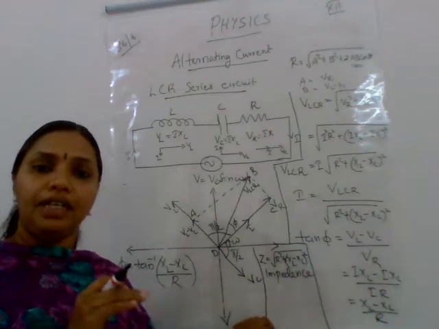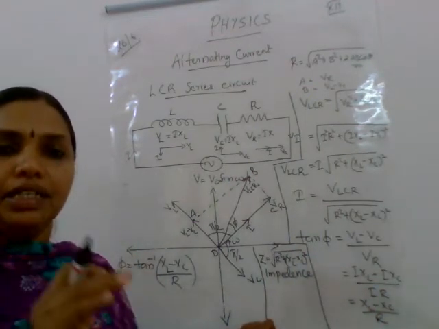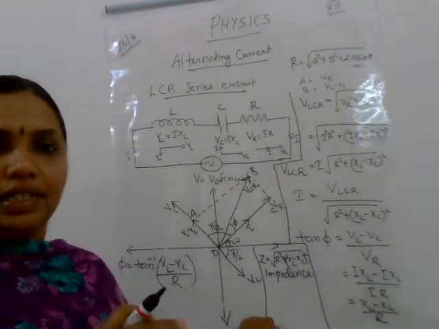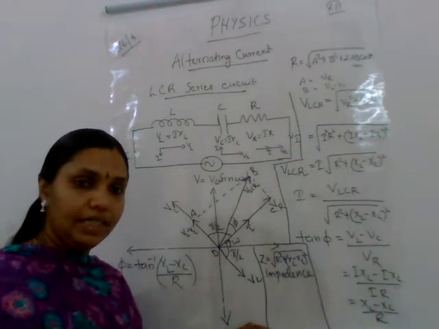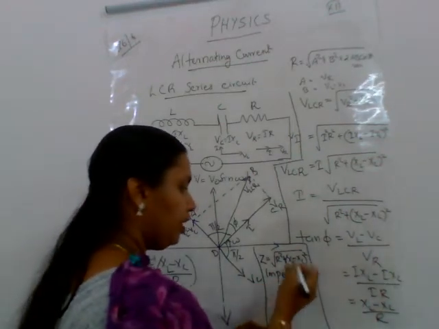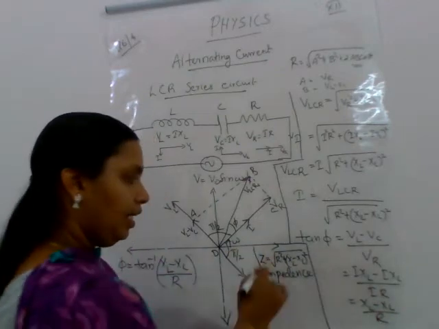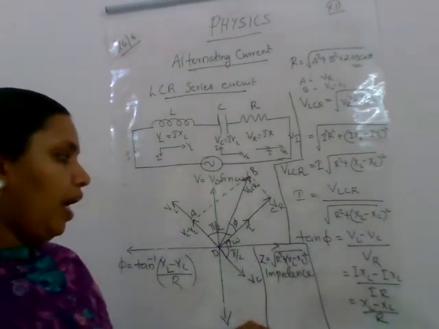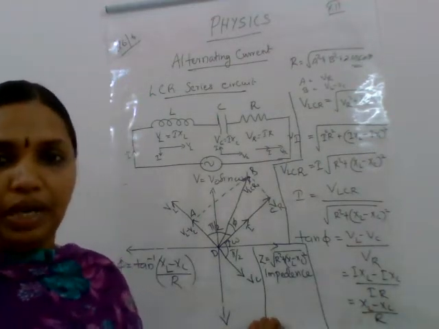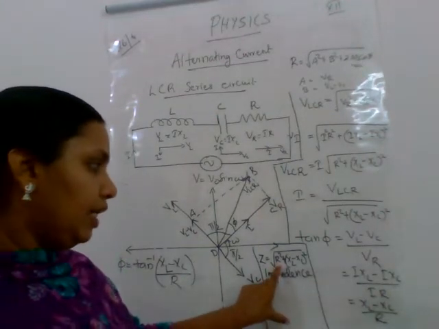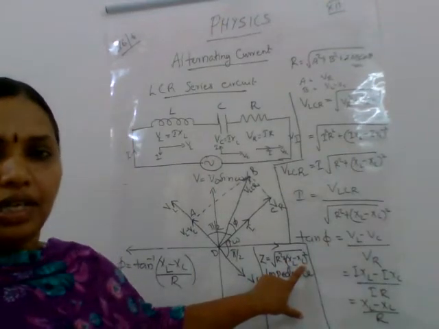In the case of an inductor, it is inductive reactance. In the case of a capacitor, it is capacitive reactance. Here all the three are connected in series, and the opposition offered is known as impedance. It is represented by letter Z, root of R square plus XL minus XC the whole square. That is, it depends upon the resistance, inductive reactance and capacitive reactance.